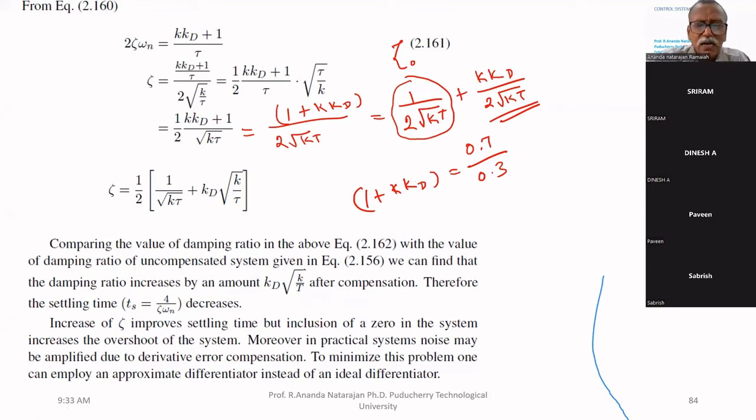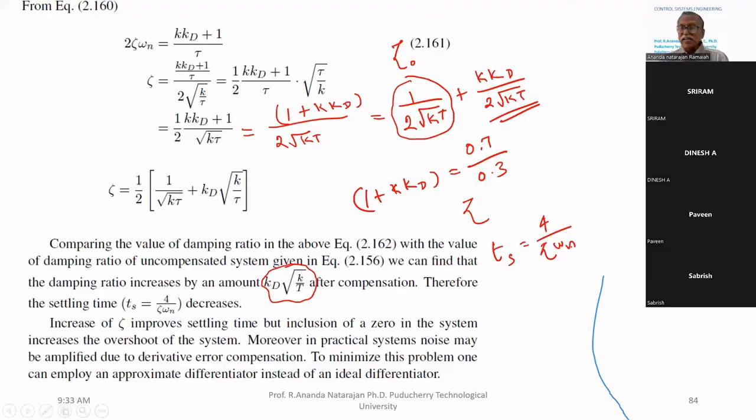So we can modify damping zeta. That's why, what is settling time? Ts is equal to 4 upon zeta omega n. That we know.